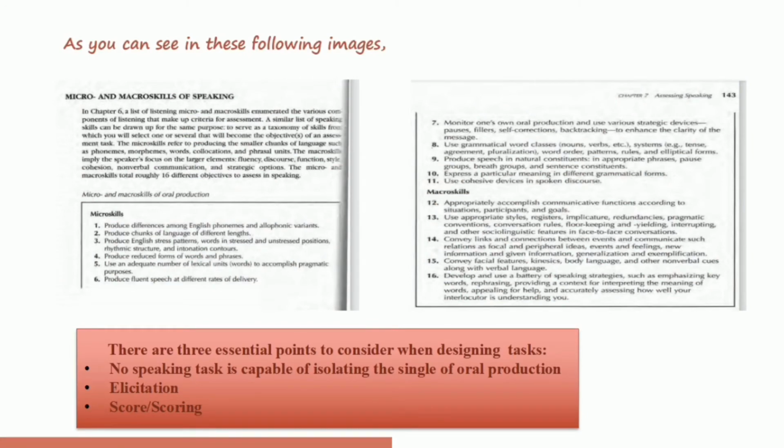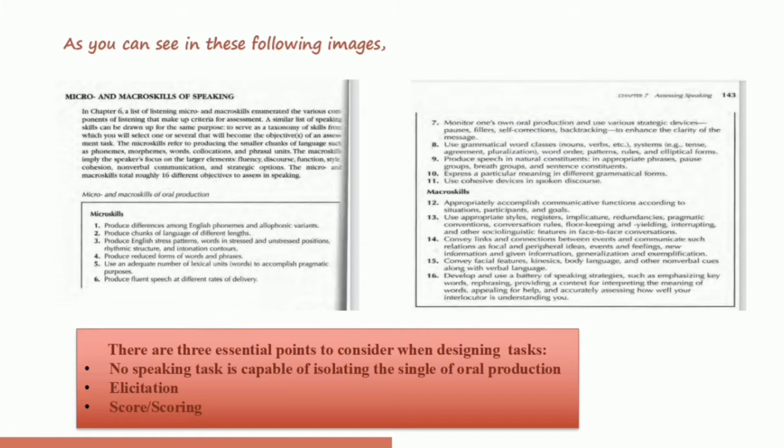And then, there are 3 essential points to consider when designing tasks. First, no speaking task is capable of isolating the single skill of oral production. Second, elicitation. Eliciting the specific criterion you have designated for a task can be tricky because beyond the word level, spoken language offers a number of productive options to test takers.